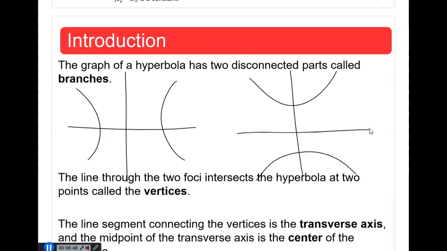So for example, the one on the left, we call that the longest axis. And we also have these points that are called vertices. So vertices. Let's trace the vertices here.